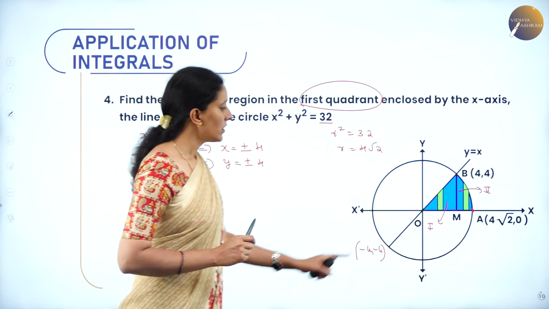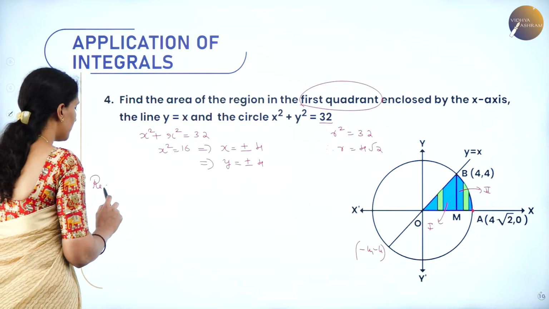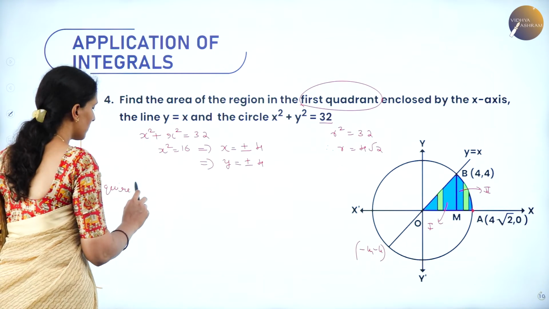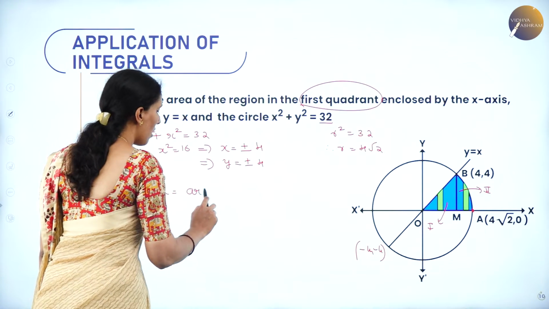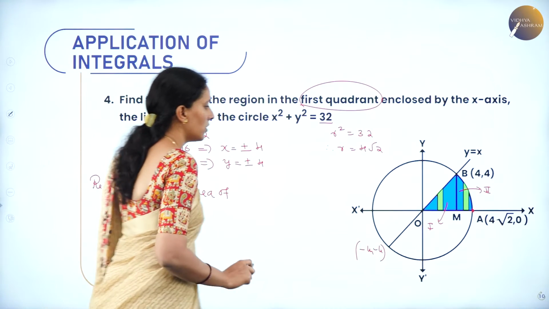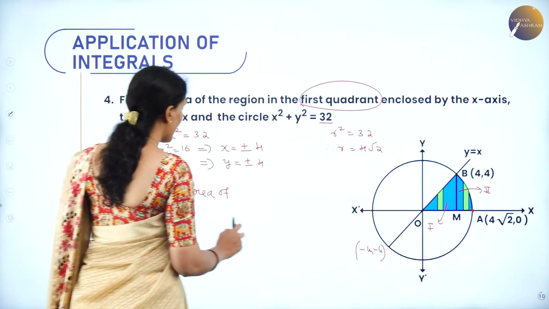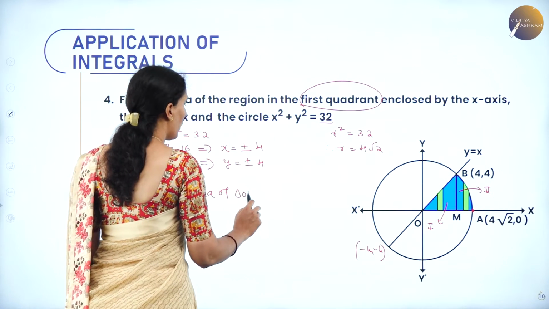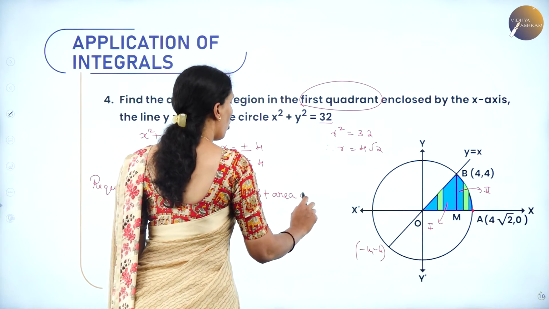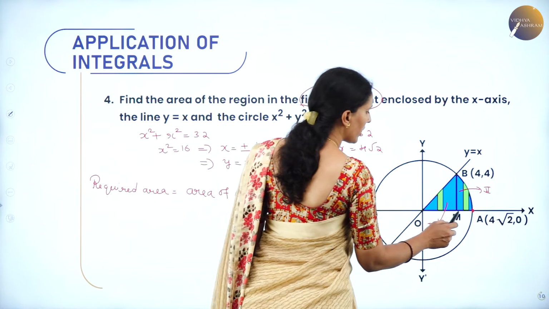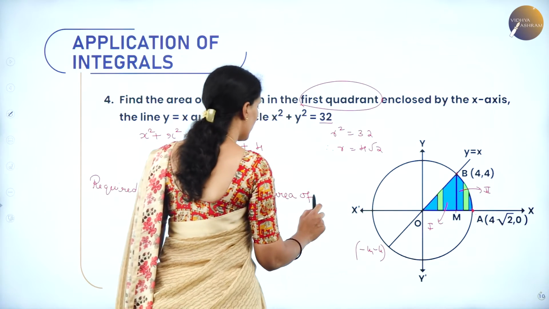So here I will take the required area is equal to area of triangle OMB plus area of region, what is this region? I can take it as MBAM.